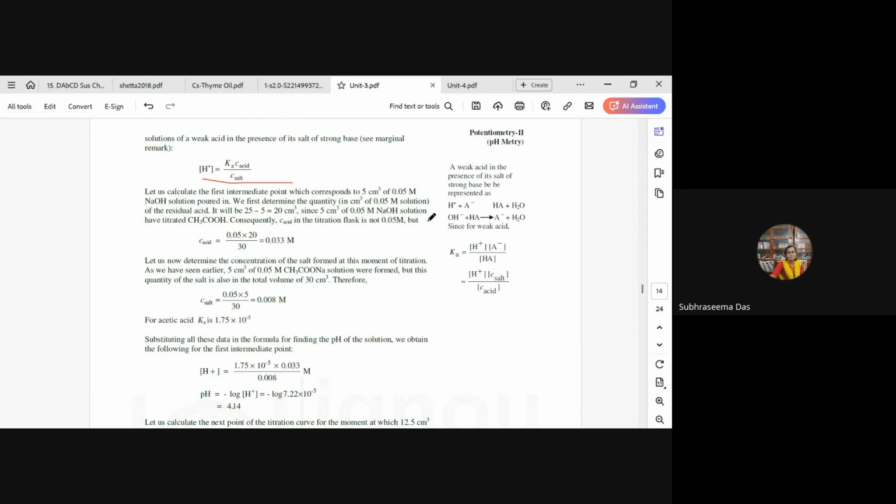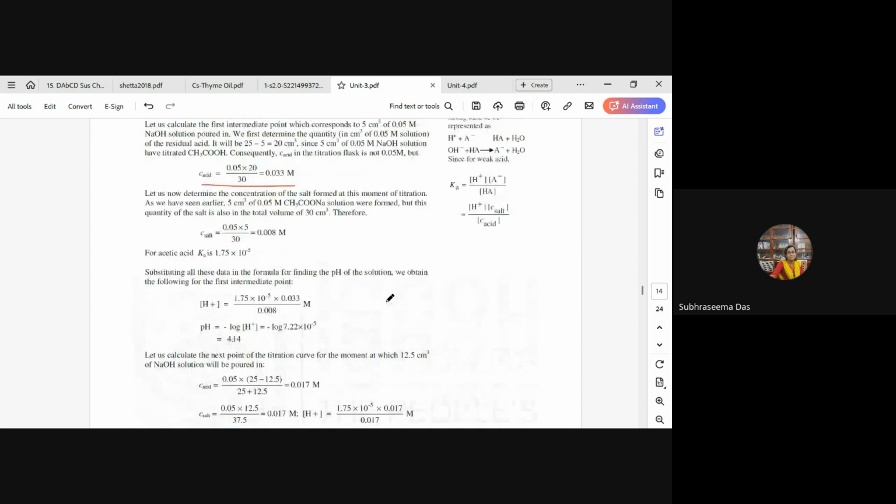Now we will calculate the intermediate point which corresponds to 5 ml of 0.05 molar NaOH poured into the solution. The concentration of acid is given by 0.05 into 20 by 30, which gives us this.